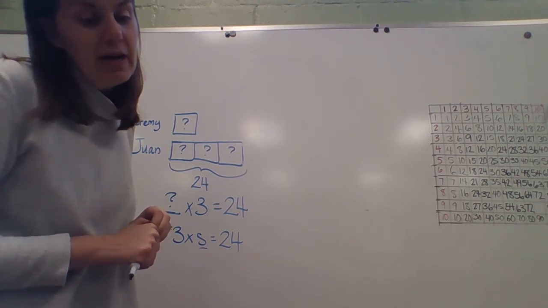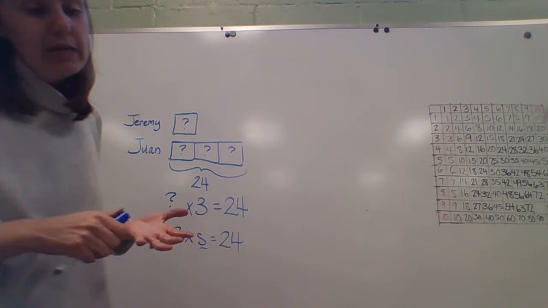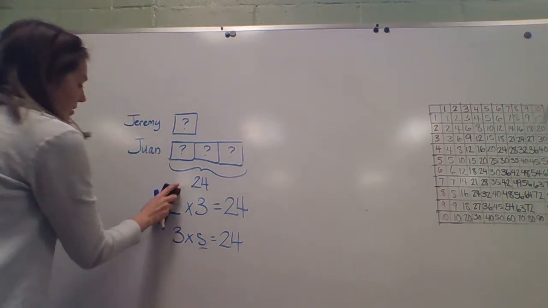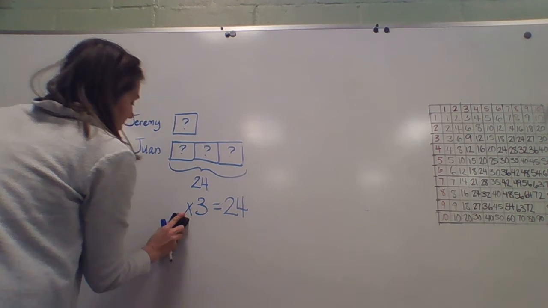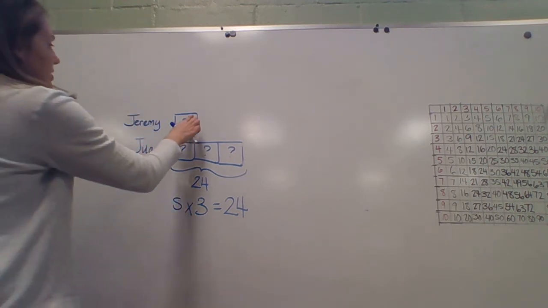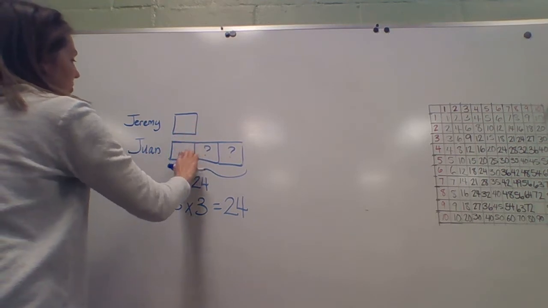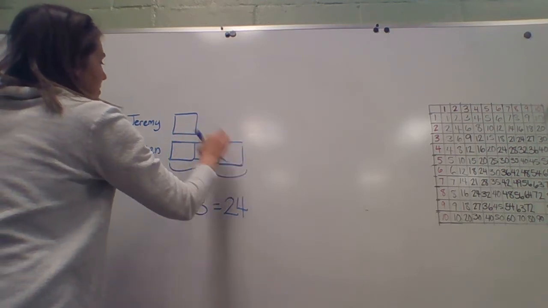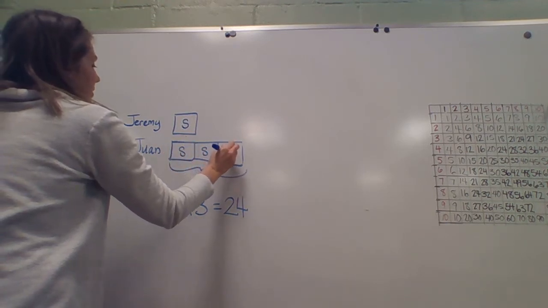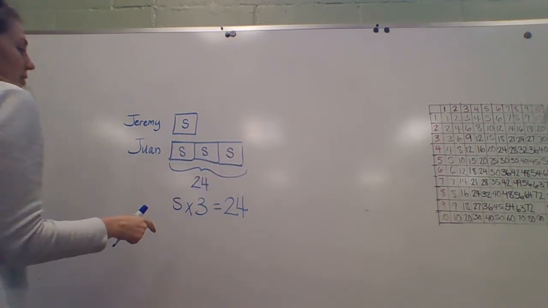Now number 4 says, how can you find what number times 3 is 24? So remember, that's like solving for S down here. I'm going to go ahead and rewrite it as 3 times S, S standing in for the number of shells. So instead of a question mark, we're thinking of it as S, an unknown number of shells. 3 times S equals 24.